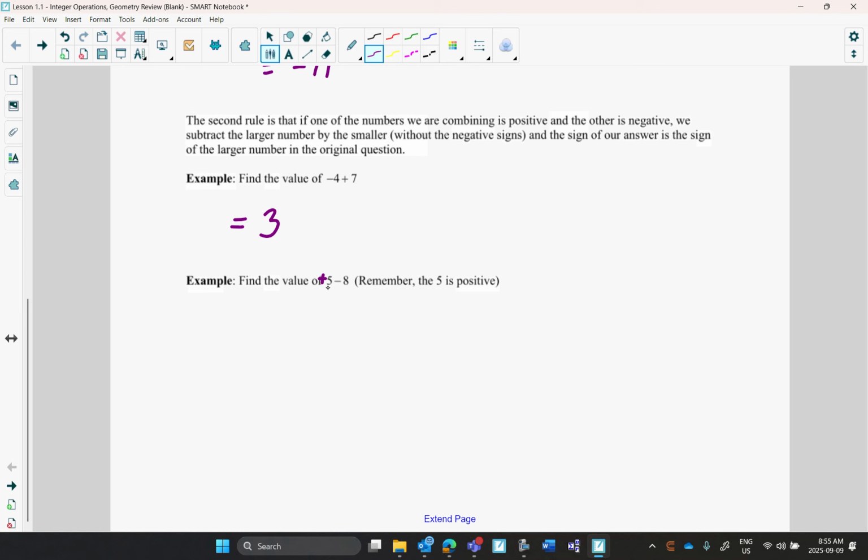Or you can think of it like 8 minus 5, but which one has more negatives? The 8, right? So the answer is going to be negative. It's the difference between the two numbers, the bigger minus the smaller, but there's more negatives.